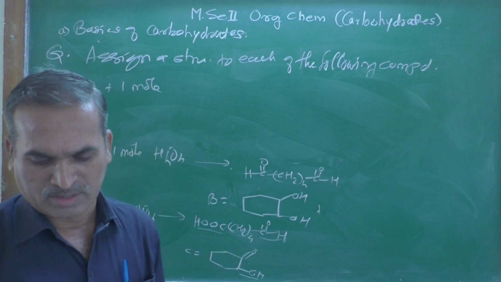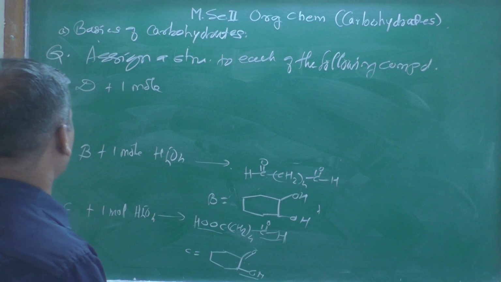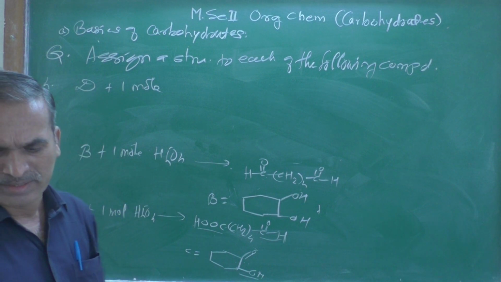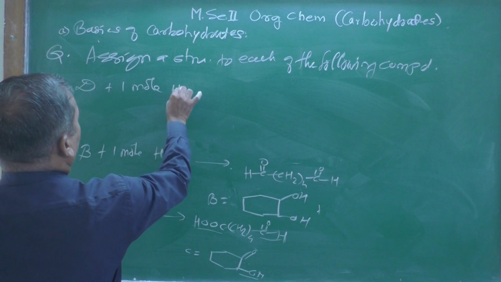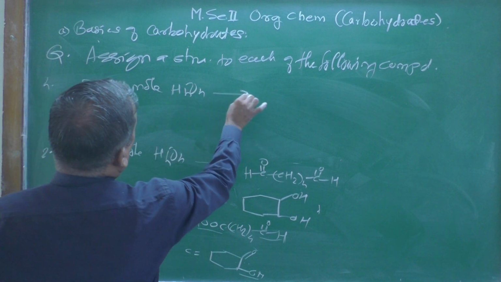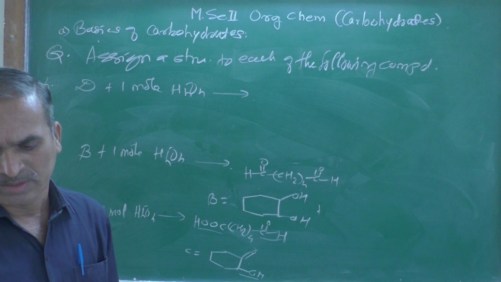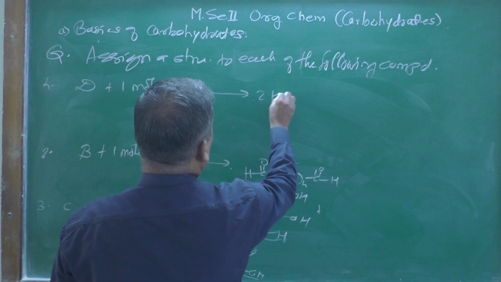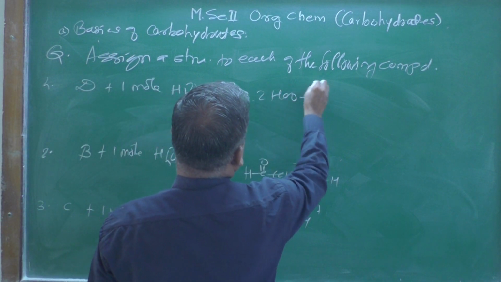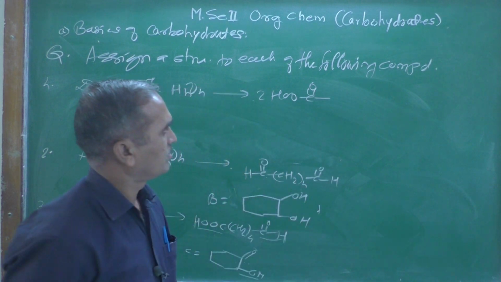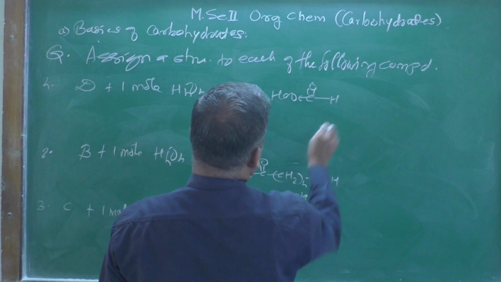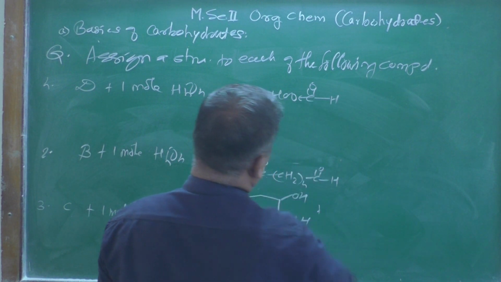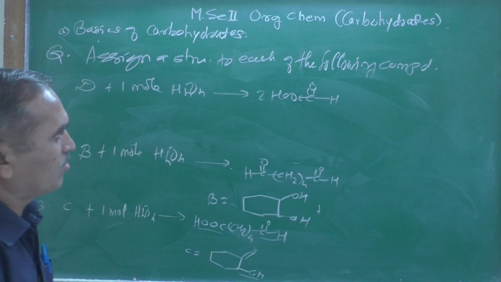Suppose it is D, then that will be treated with 1 mole of HIO4, which gives you this type of structure, twice HOOC, C double bond O, and then here is a C, and then formaldehyde, C double bond OH, and on one side is a formaldehyde.